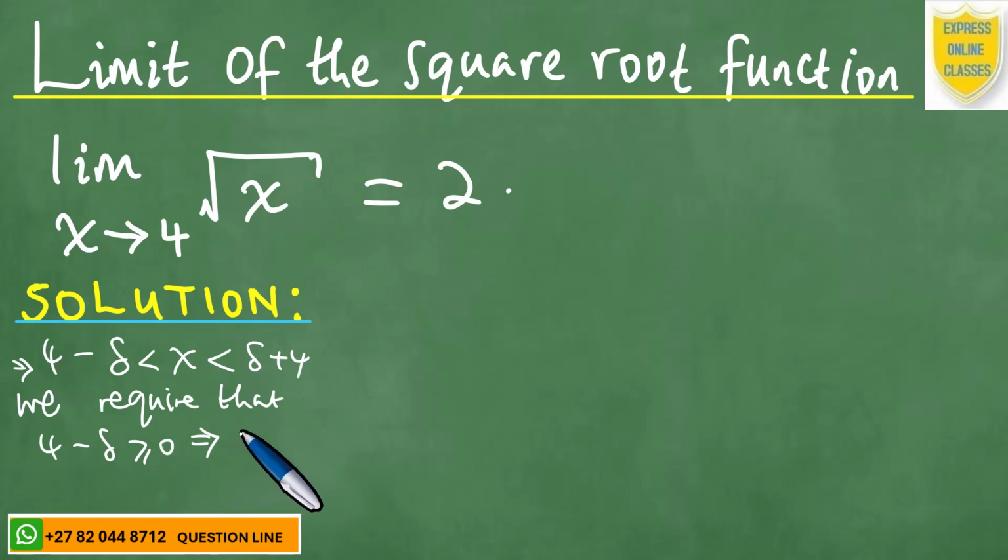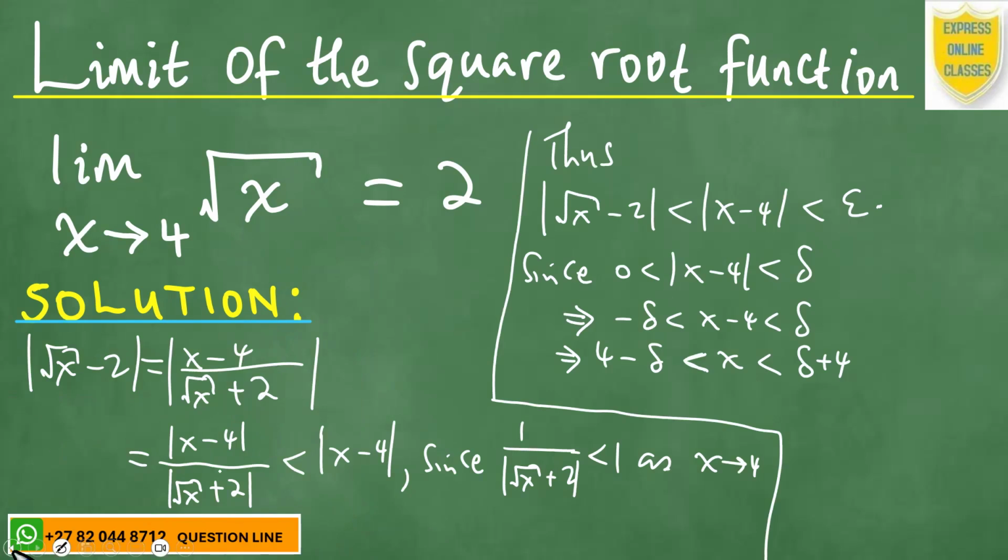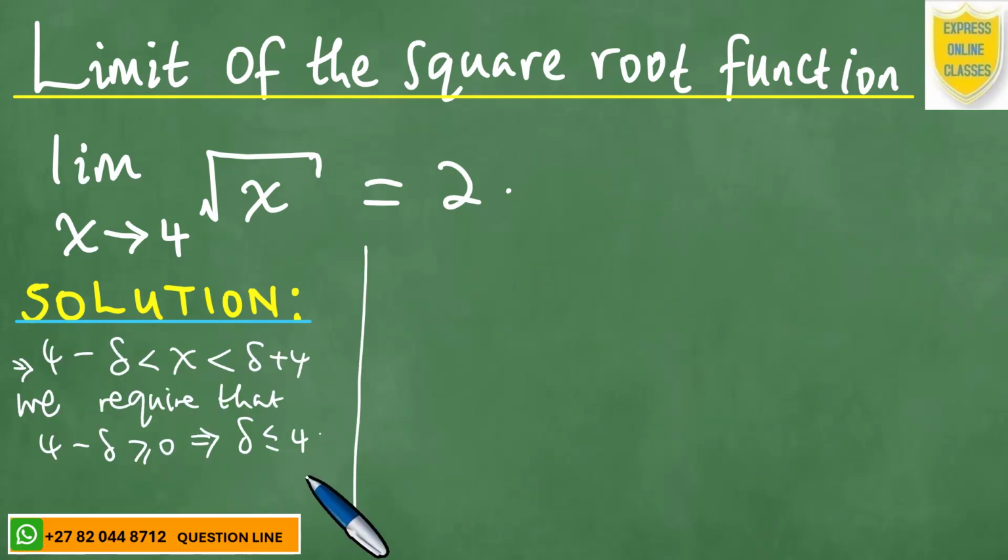This implies delta is less than or equal to 4. We also have that delta is associated with epsilon. So we have star, and also this one we can call double asterisk.